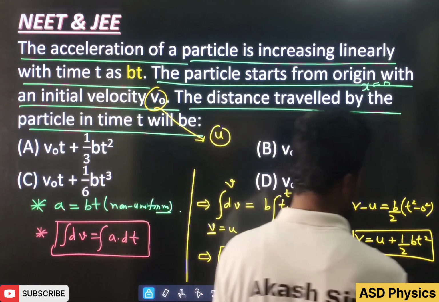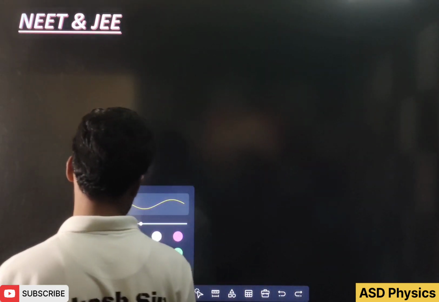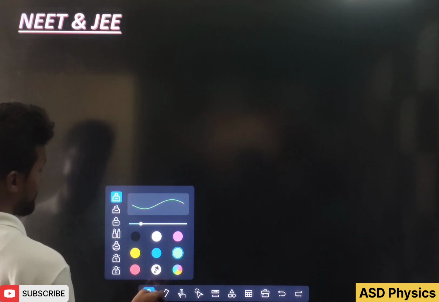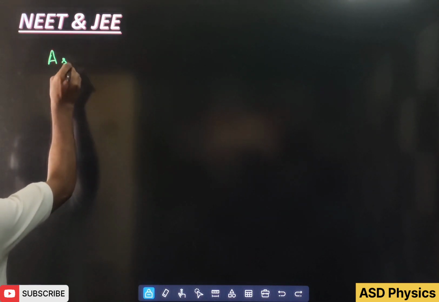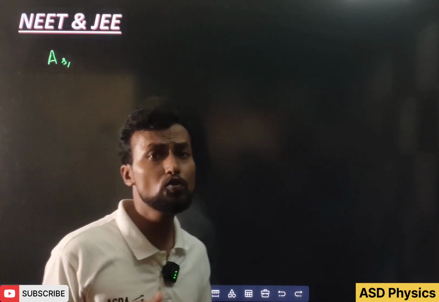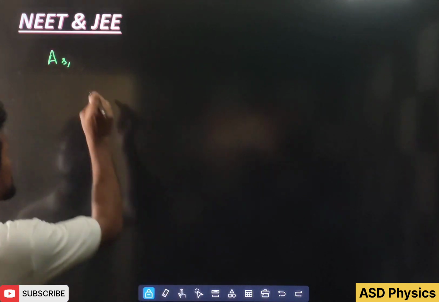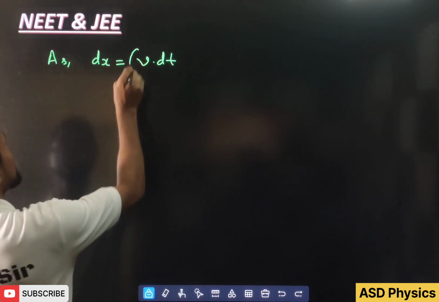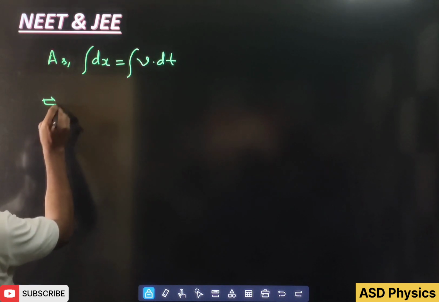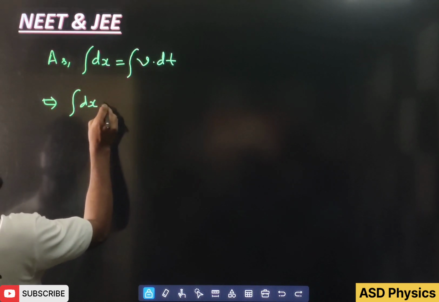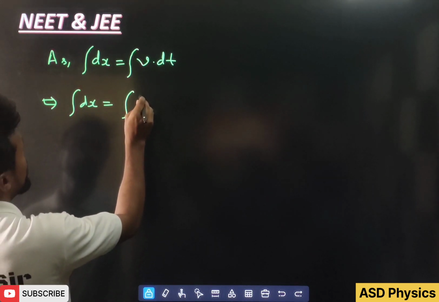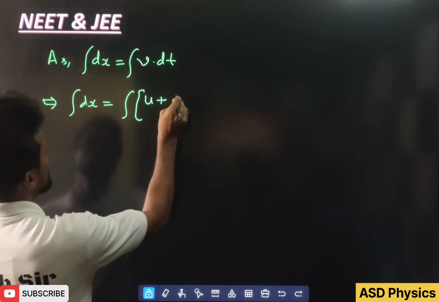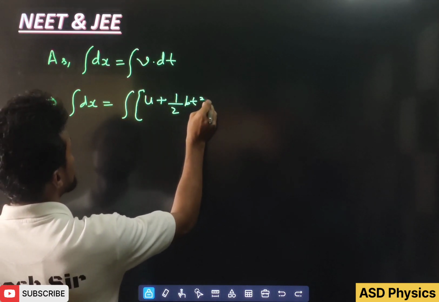Now we have to go for the second equation of motion. For the second equation of motion, we use v equal to dx by dt. That means dx equal to v dt. So dx equals v dt, integration. Integration of dx means, what is the value of v that we have done now? u plus half bt square.